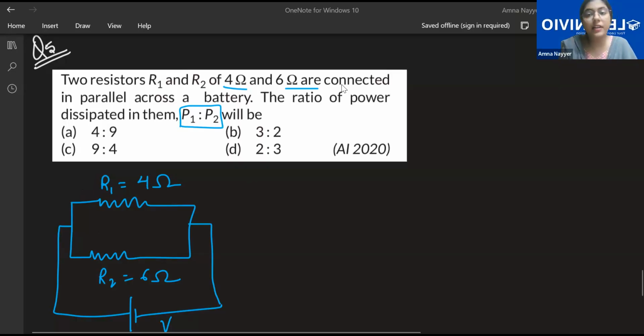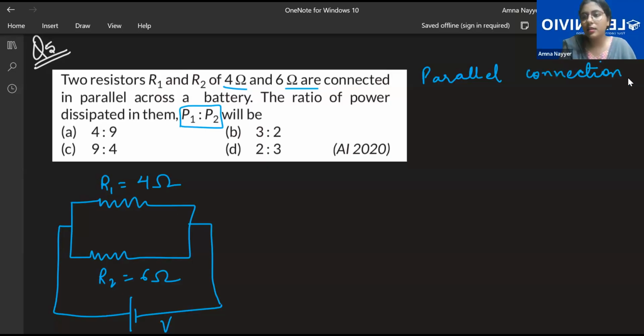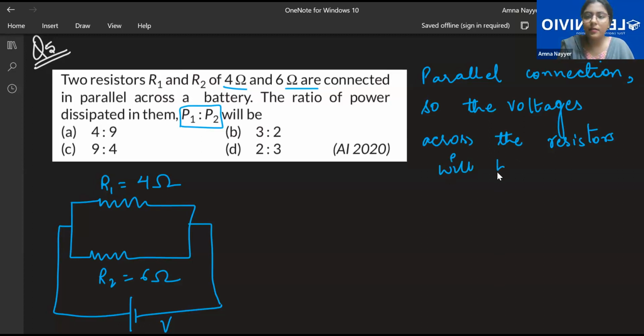Parallel connection, voltage remains the same. It's a parallel connection, so the voltages across the resistors will be the same.